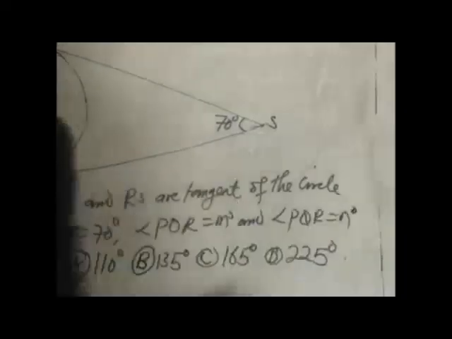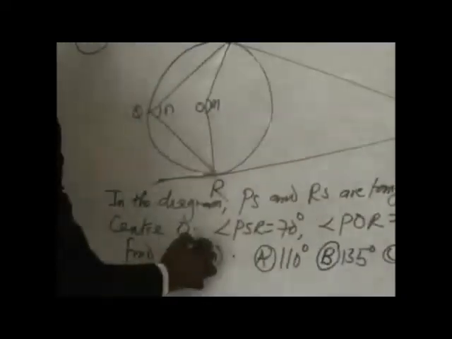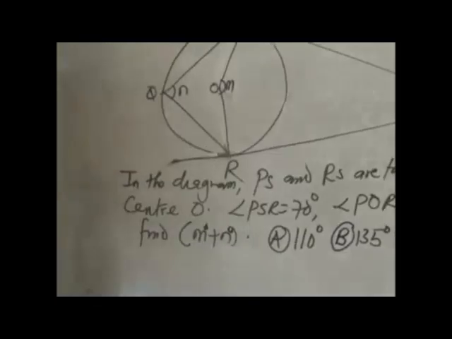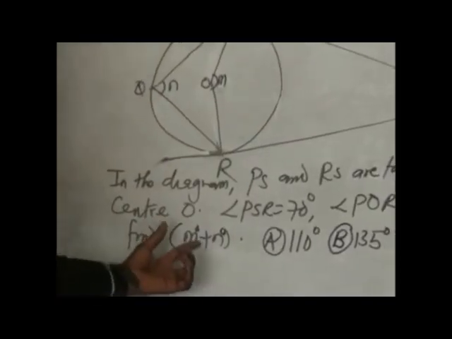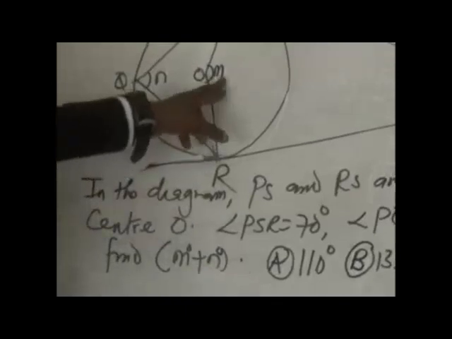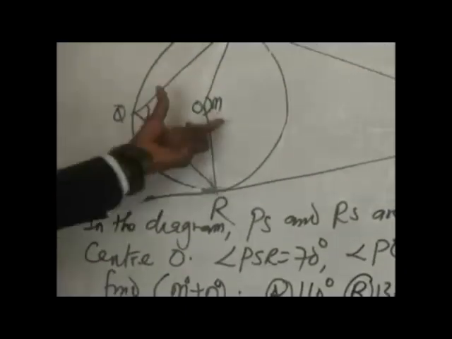They are degrees, they are angles. Now, what you have to do is to find the value of M plus N. So you find the value of N, you find the value of M, and you add them up to get your answer.